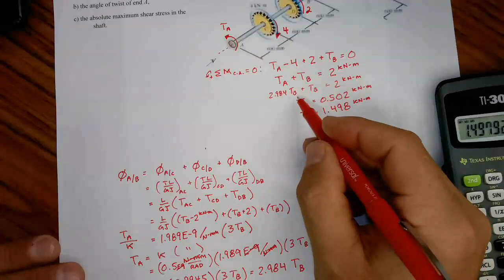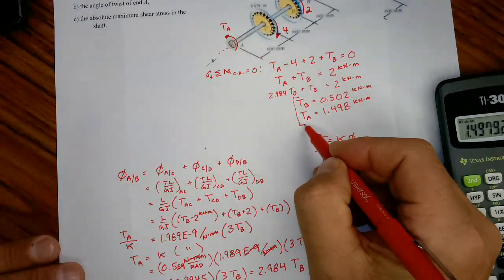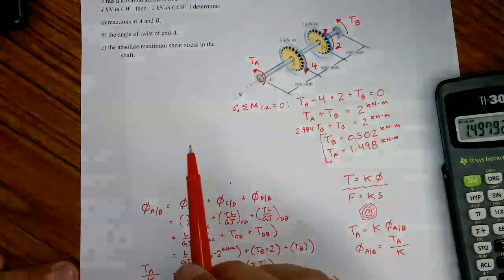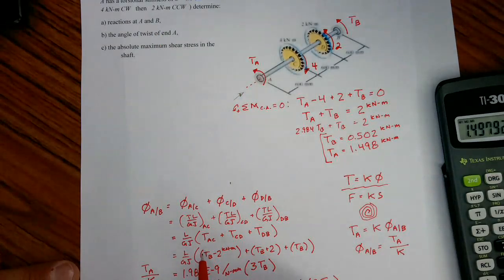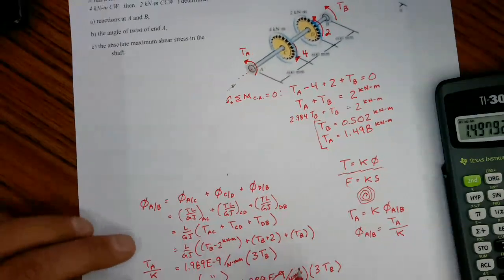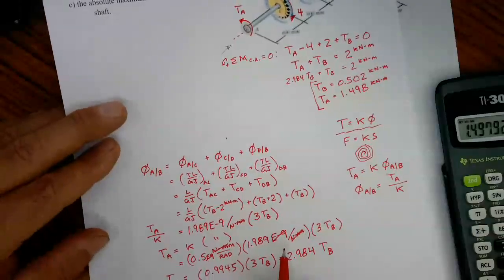That's the correct answer for the reactions at A and B. Now we've got to calculate the angle of twist of A. That's this equation right here.